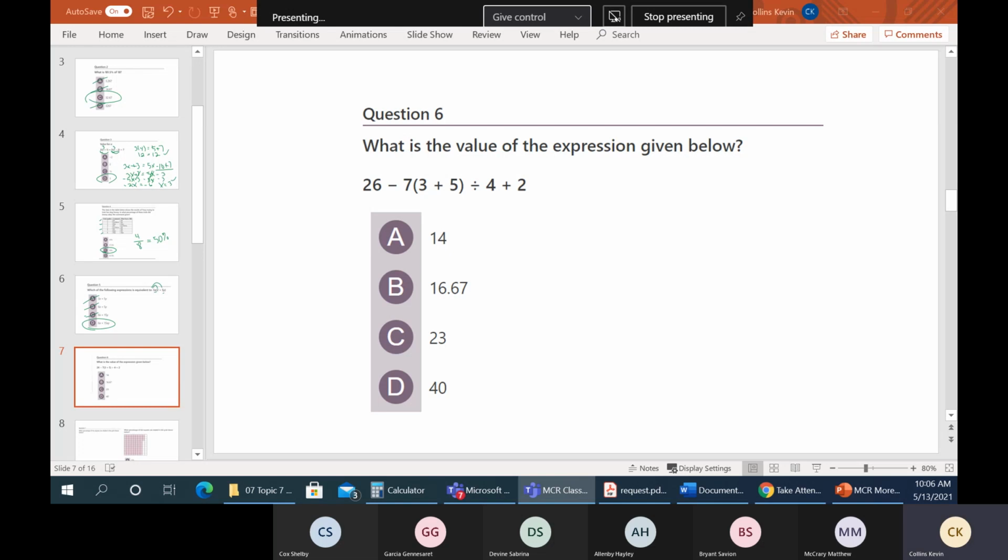All right, we got a difference of opinion here. We've got a vote for B and a vote for A.